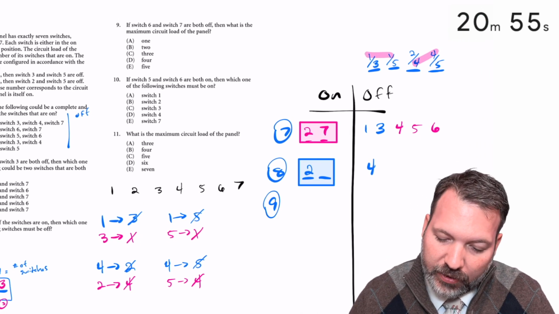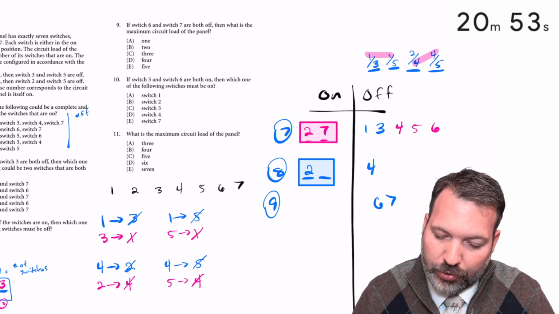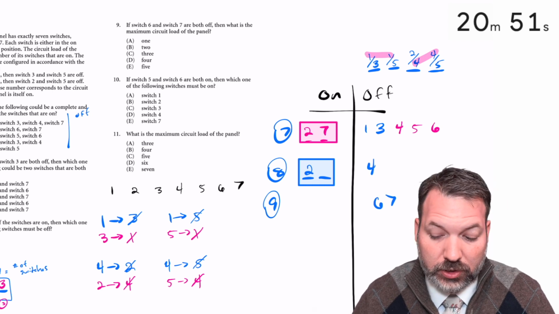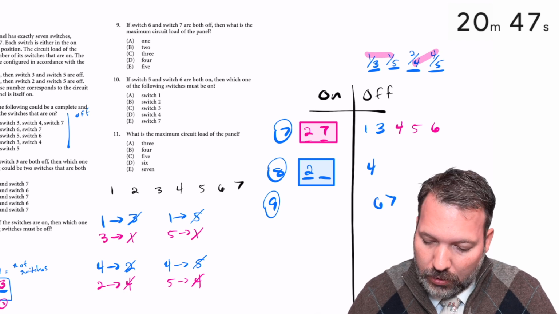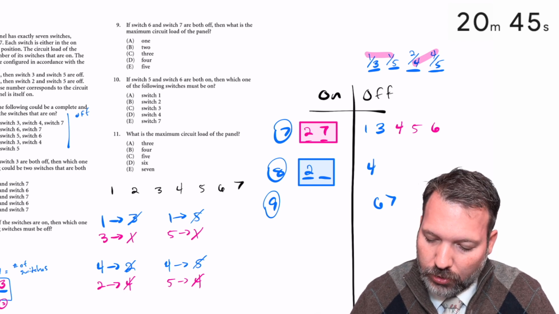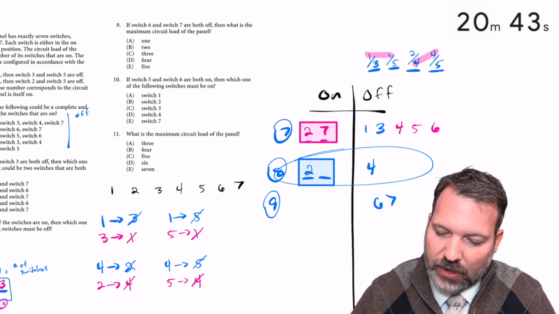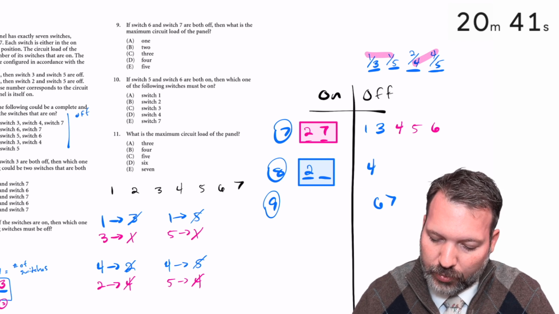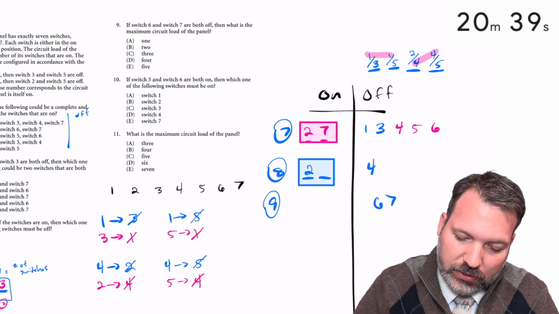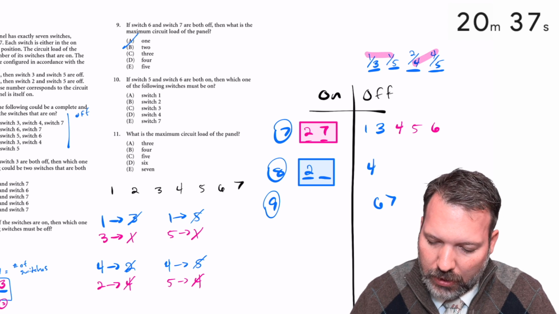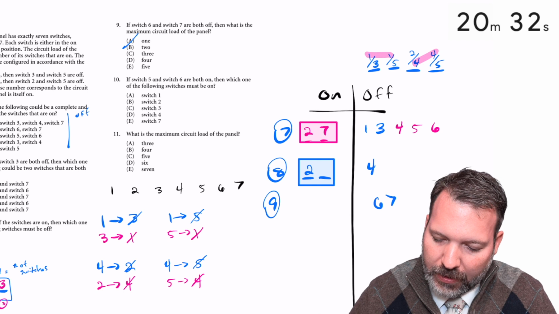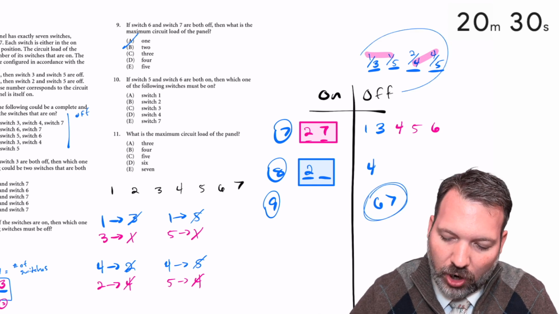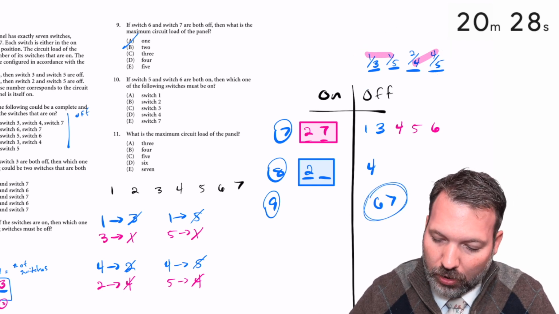Number 9, if 6 and 7 are both off, what is the maximum circuit load of the panel? Well, for sure I can get 2, because you can imagine 6 and 7 having been 2 of the off switches on number 8. So it's definitely not 1. And it can't possibly be 5, because you'll notice 6 and 7 aren't in these flippy floppies at all.